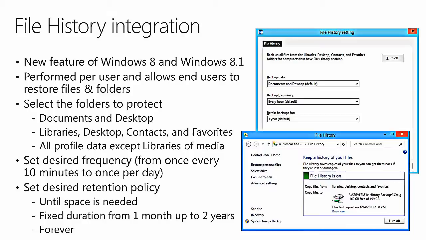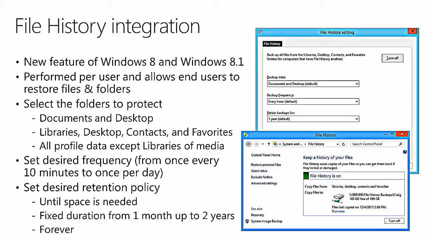This is a kind of complement to the client PC backup, because you can't do a system state restore. You can only recover files and folders, but it does not need administrative support. So end users can use file history to recover accidentally deleted or overwritten files on their own.